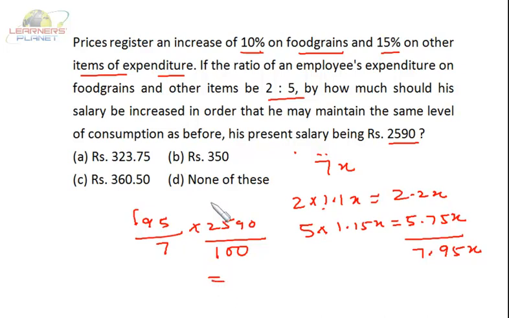I just calculated it for you over here. It's 351.5, which is not there in the options, so it's none of these. Okay, I'm sure you are clear.